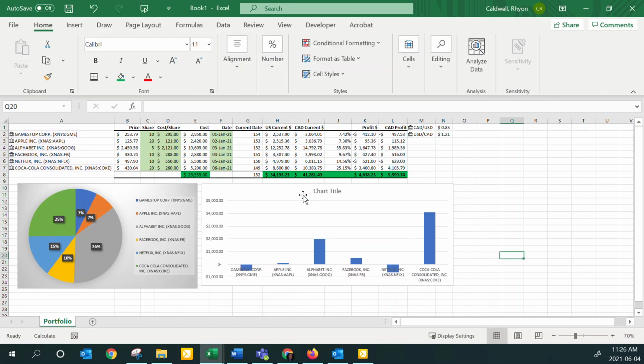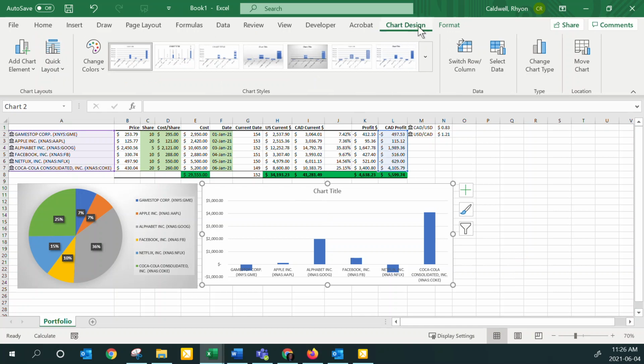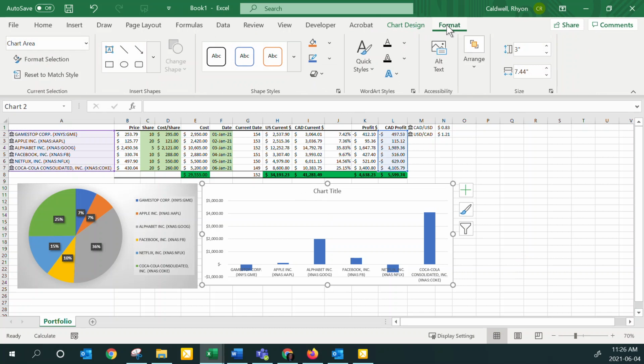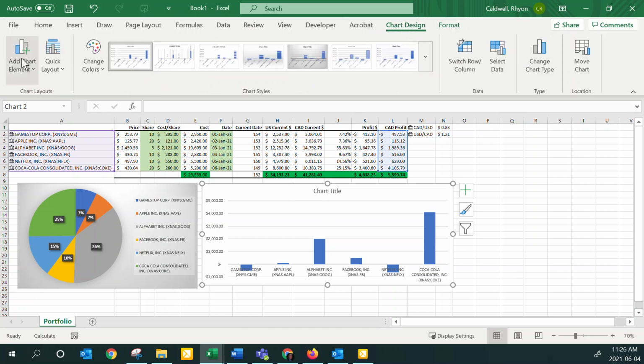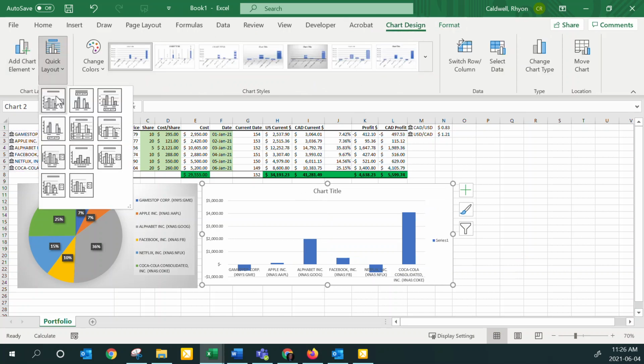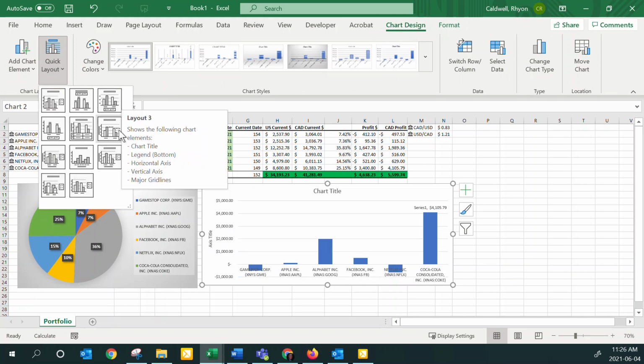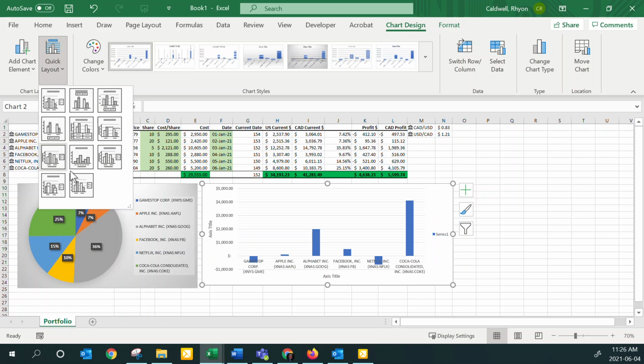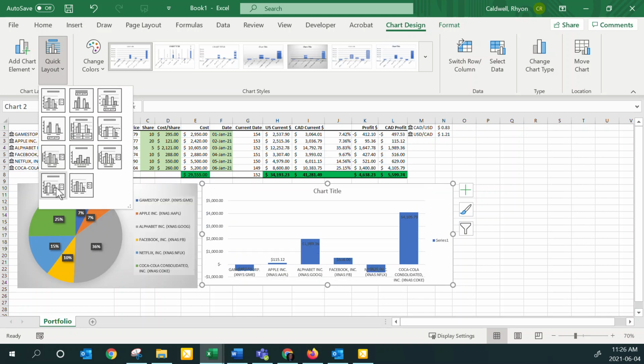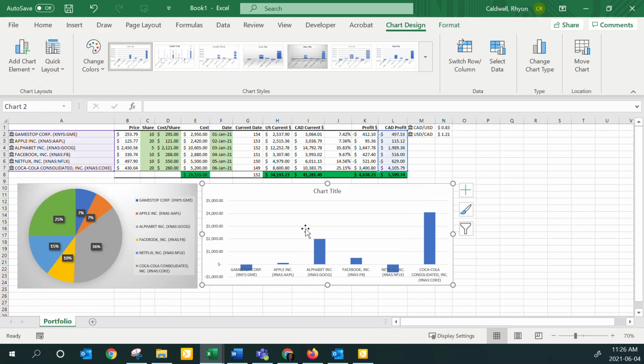All right, so from here, again, if I click on it, I get my two ribbon tabs right here, the design and my format. So we looked at the design. We could add different layouts. And as I move it around here, you can see that it changes. But I'm going to keep the same one that I had.